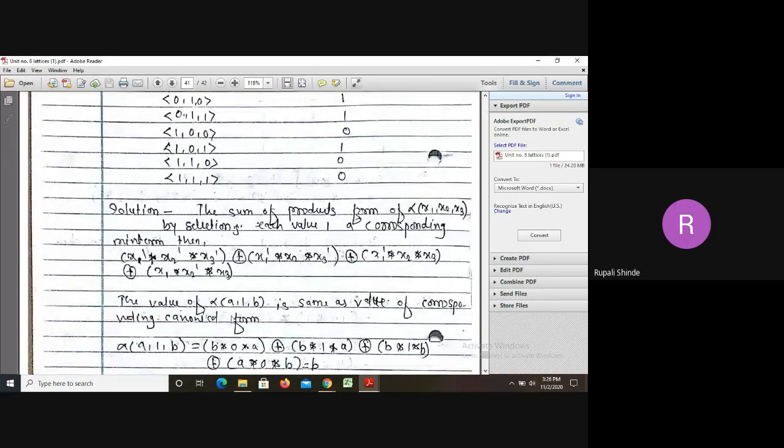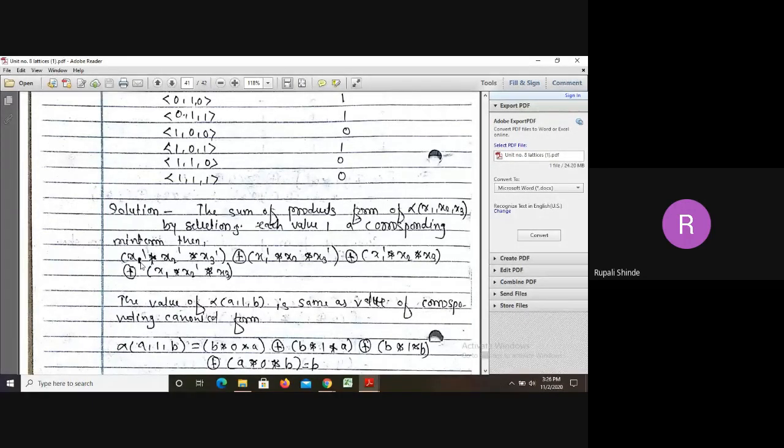Again, they have given the values of function alpha as a, 1, b. This is the sequence for x1, x2, and x3. So the value of x1 is a, x2 is 1, and x3 is b. Now we have to put all these values into the minterms. The first minterm is x1 complement star x2 complement star x3 complement.